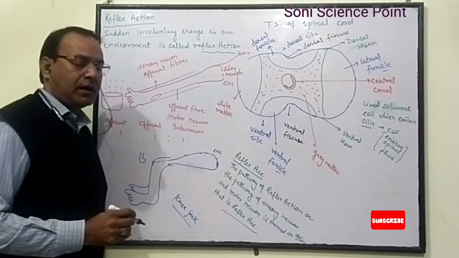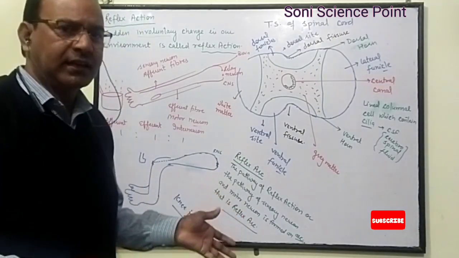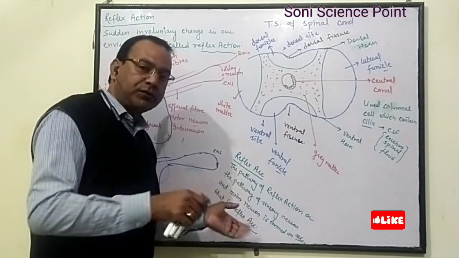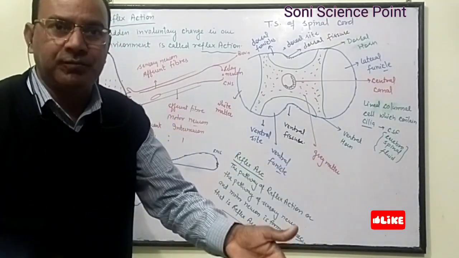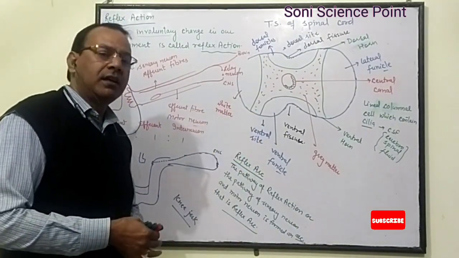What is the reflex arc? The pathway of reflex action is called the reflex arc. You can also say that the pathway of sensory neuron and motor neuron which completes the reflex action forms an arc, and that arc is called the reflex arc.